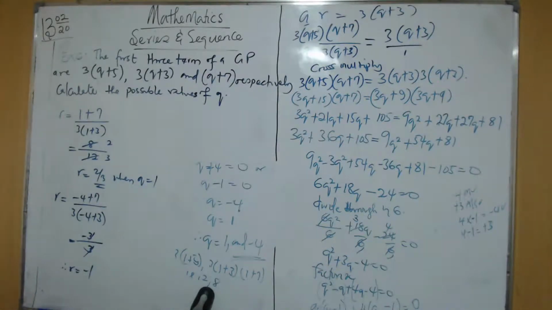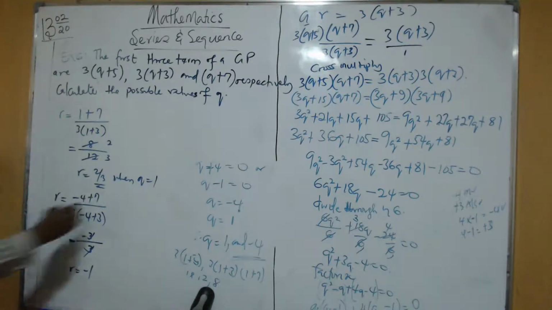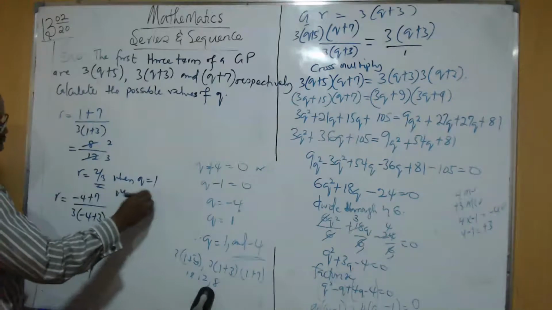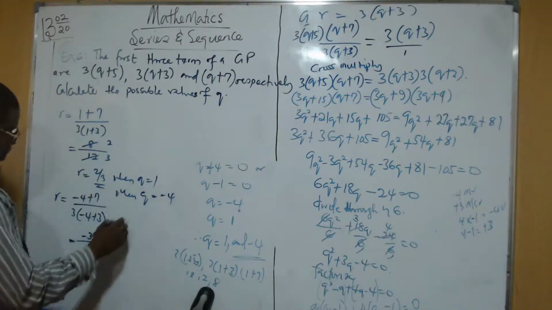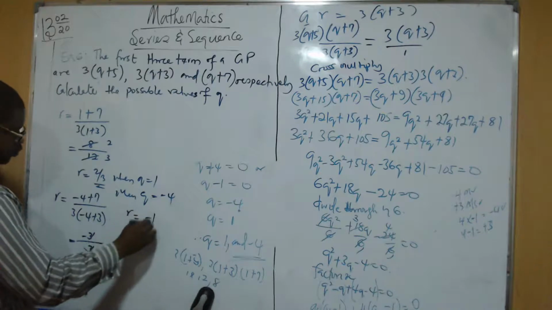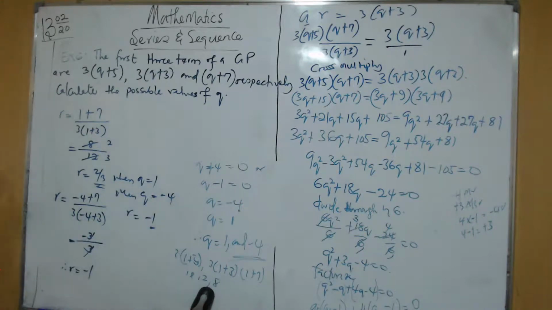So our common ratio is either 2 over 3 when Q is 1, or when our Q is equal to minus 4, then our R will be minus 1. So these are the possible values.